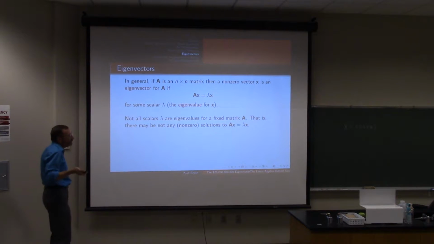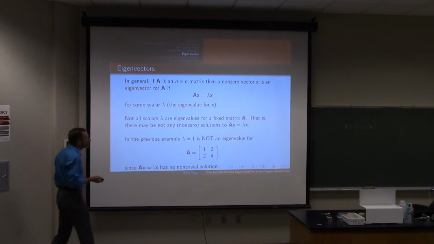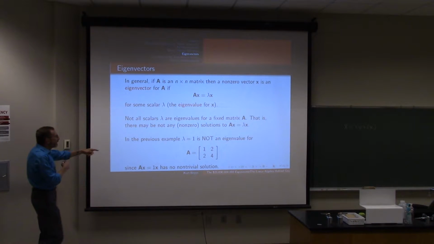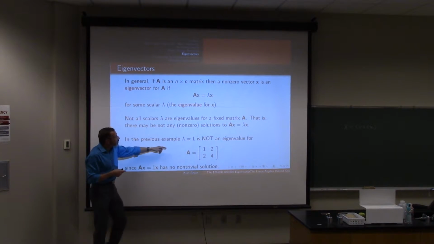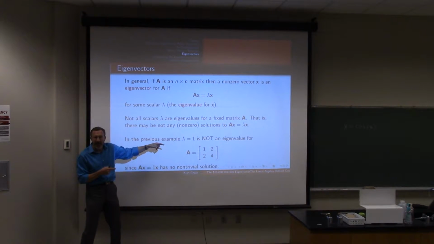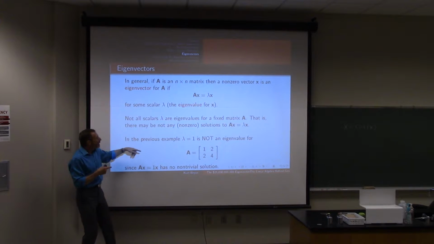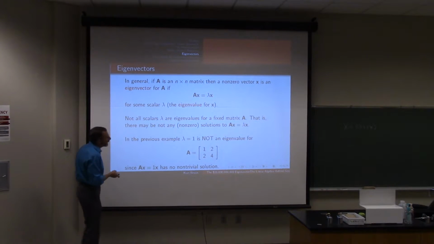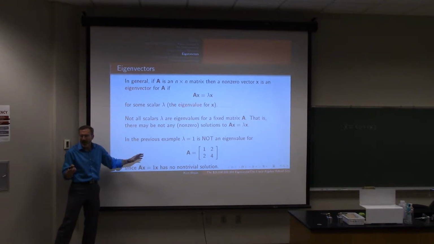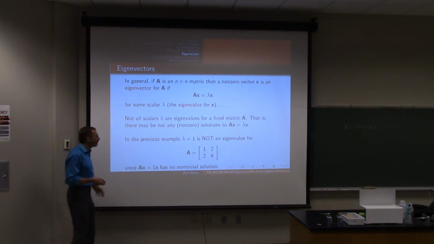In most cases, x equals all zeros will be the only solution. So in this terminology, in that previous example where I chose this matrix and showed you that Ax equals x has no solution, lambda equals 1 is not an eigenvalue for that matrix, because A times x equals 1 times x has no non-trivial solution.